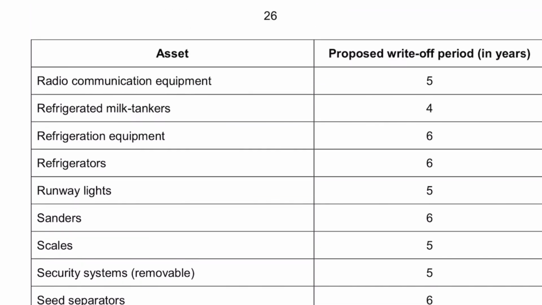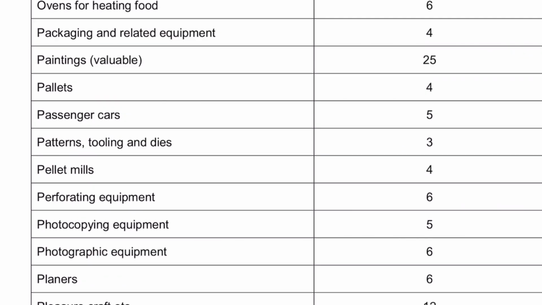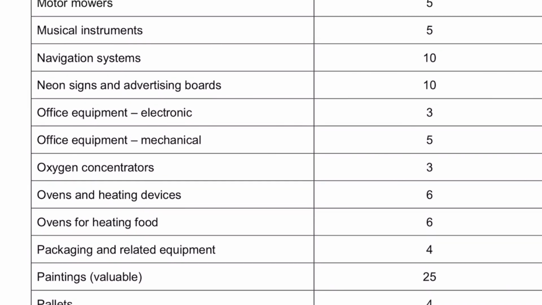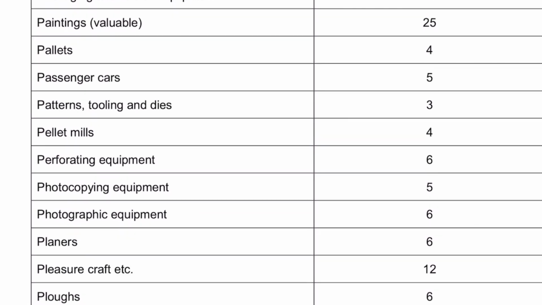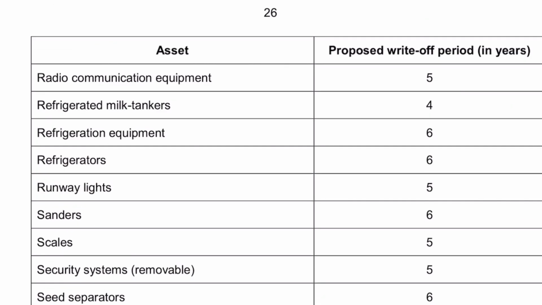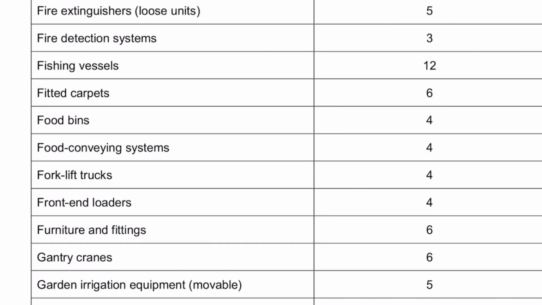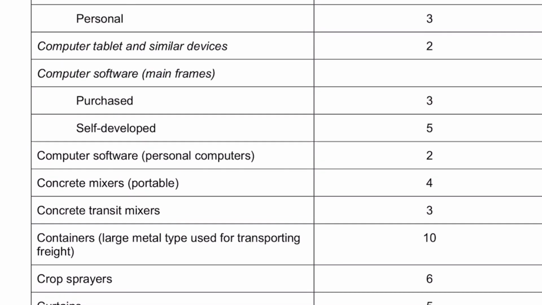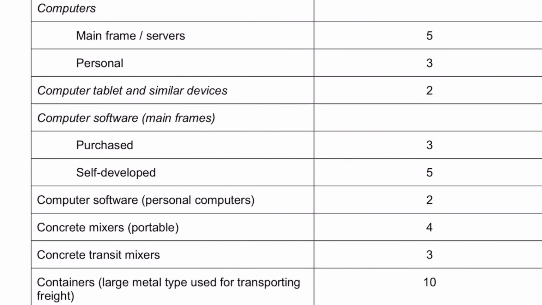And what else do you guys normally use? Office equipment. Okay, let's go to software. Computer software. If you purchase computer software, you can write it off over the period of 3 years. But if you've developed that software yourself, the cost of developing the software you can write off over the period of 5 years.